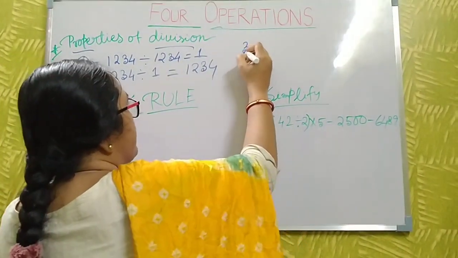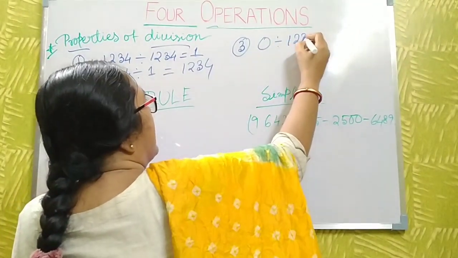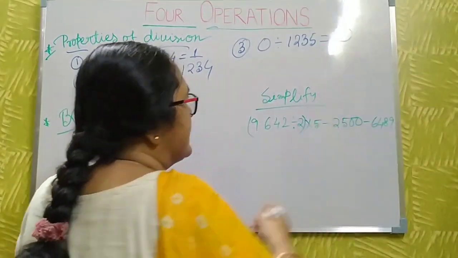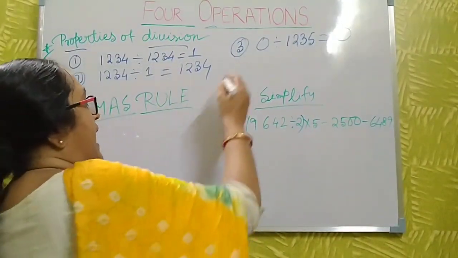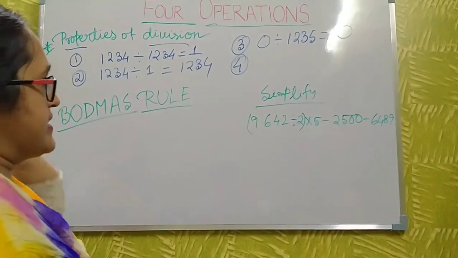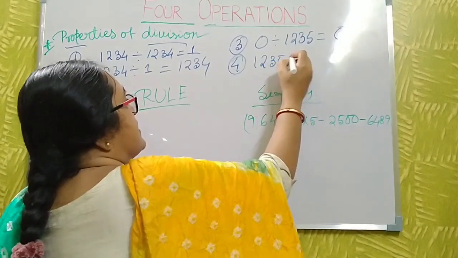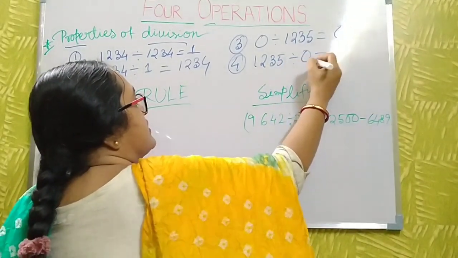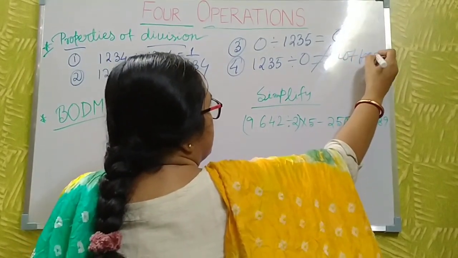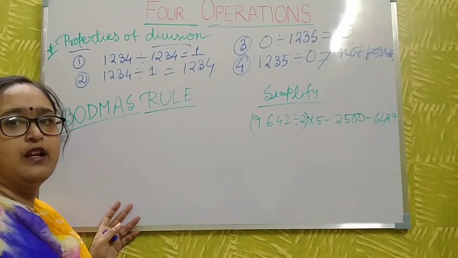The third property: if 0 is divided by any number, the result becomes 0. And this one is very important. The fourth property: if you divide by 0, this is not possible.